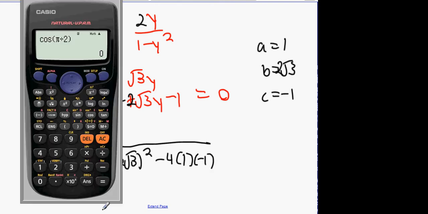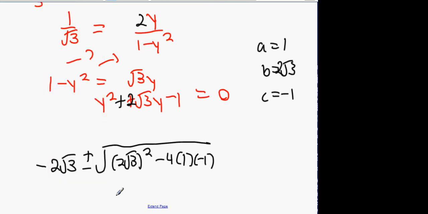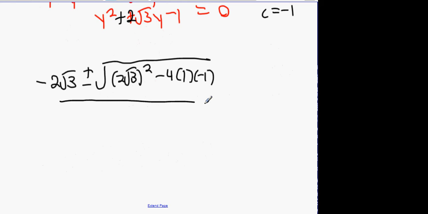So what we get here is this. 2 root 3 squared, that's going to be plus 4, okay, it's 16, root 16, 4. So what we're going to get here guys is minus 2 root 3 plus or minus 4 all over 2.